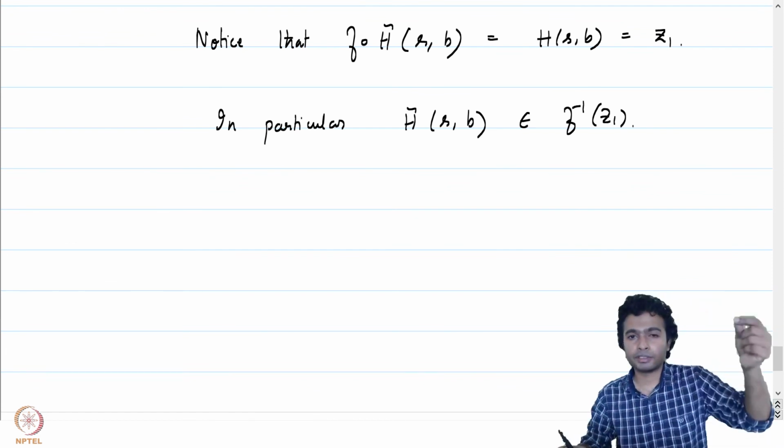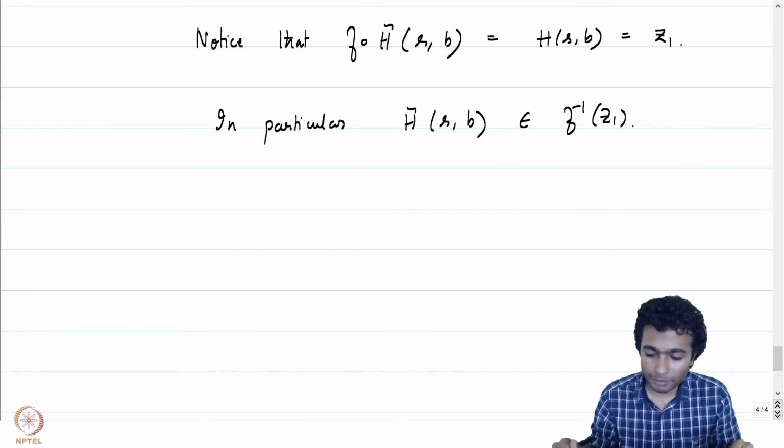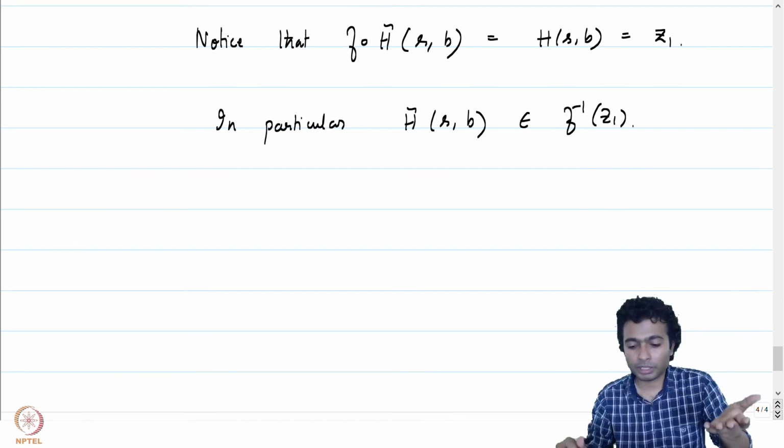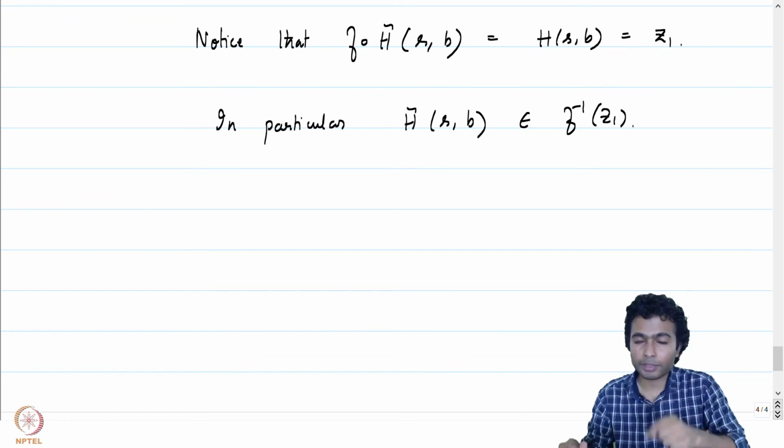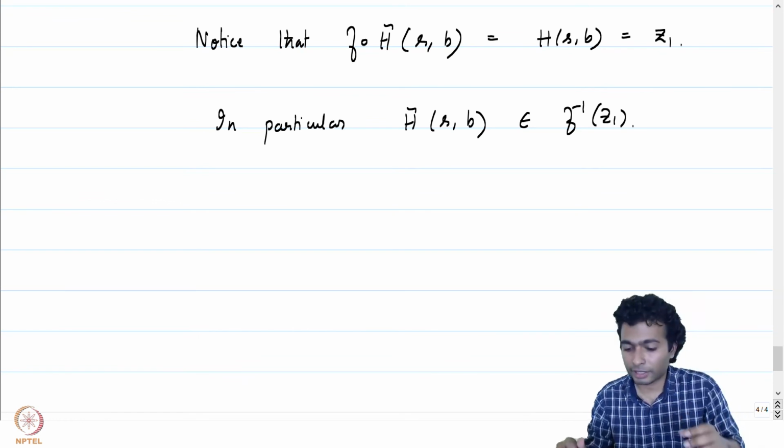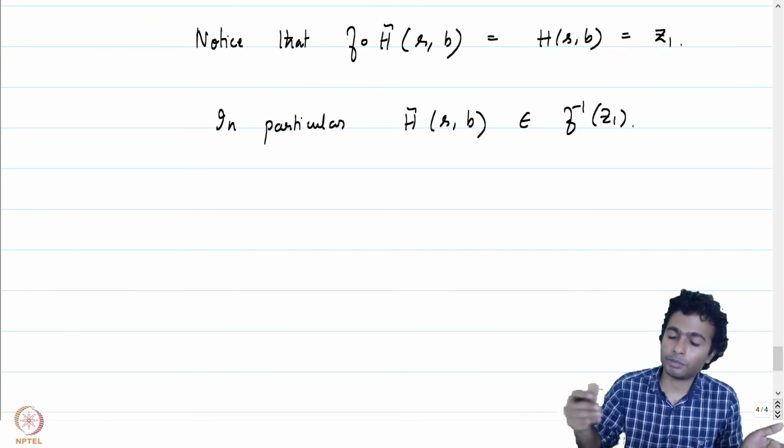Now f inverse of Z1 is a discrete subset of capital Y. That is because we have assumed that f is a local homeomorphism, and therefore at every point in the pre-image we have a neighborhood where it is injective. There is no other point from the pre-image of Z.